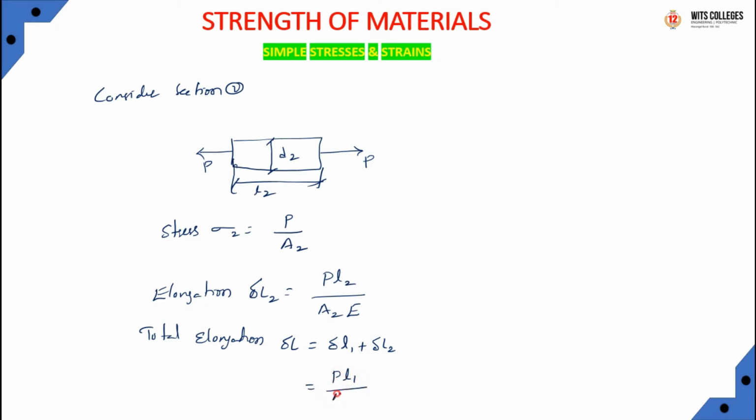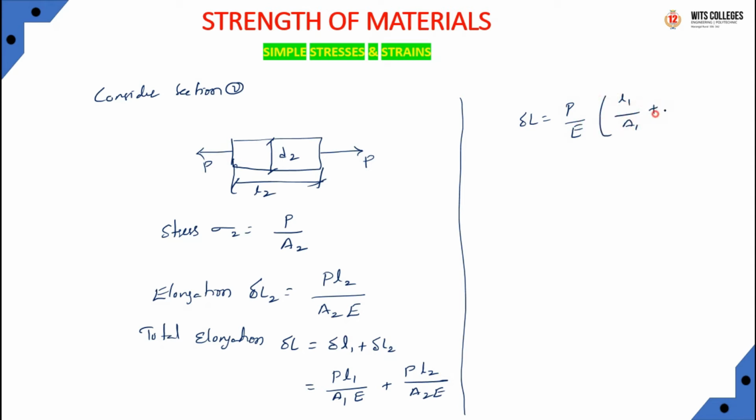PL1 by A1E plus PL2 by A2E. So delta L equals P by E common, then L1 by A1 plus L2 by A2. This is the total elongation.